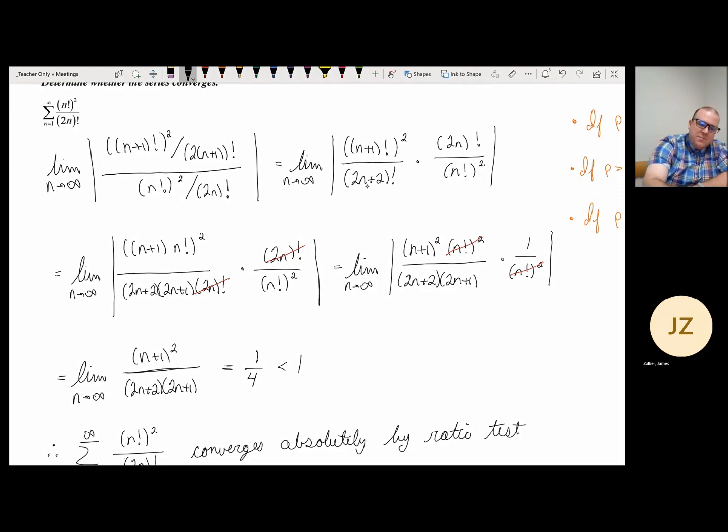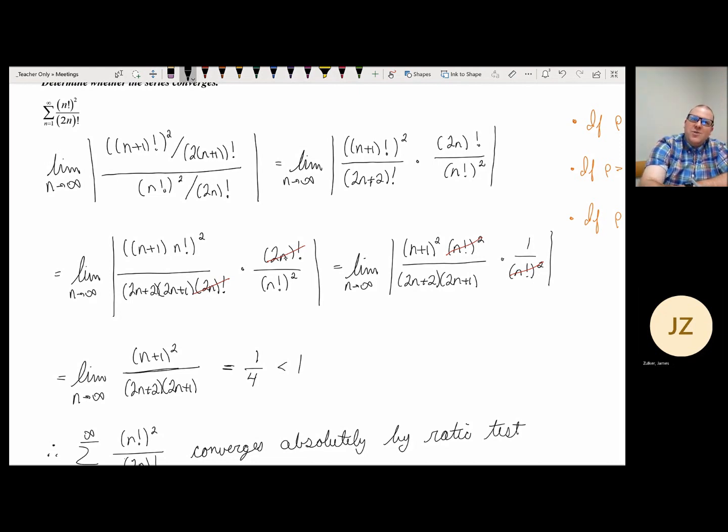Expanding 2n+2 factorial. Remember, factorial is the product of successive integers down to 1. So 2n+2 times 2n+1 times 2n factorial would be 2n+2 factorial, right?